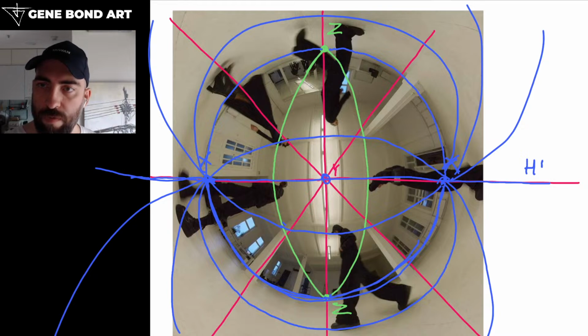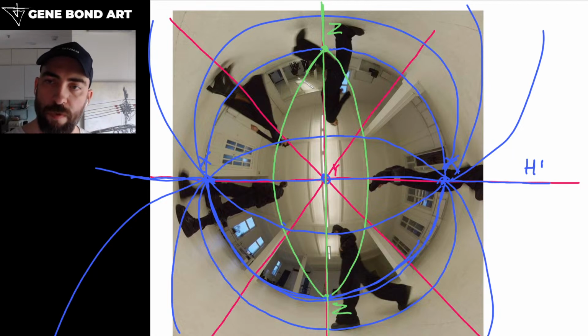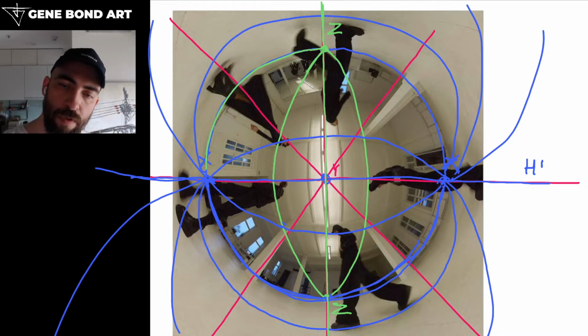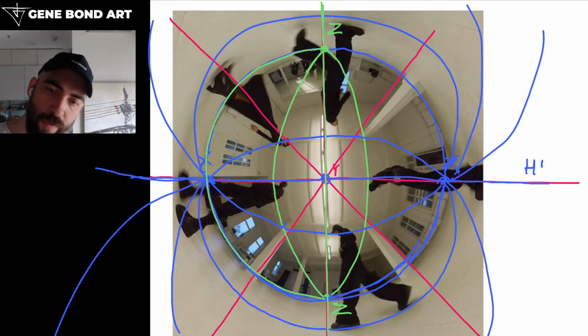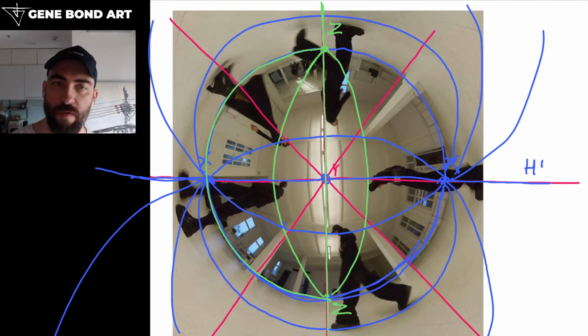Same with z, right? So z has this straight line which merges with the y-axis going through the y vanishing point, and it has this circular line which goes through x and merges with the horizon line in this case.